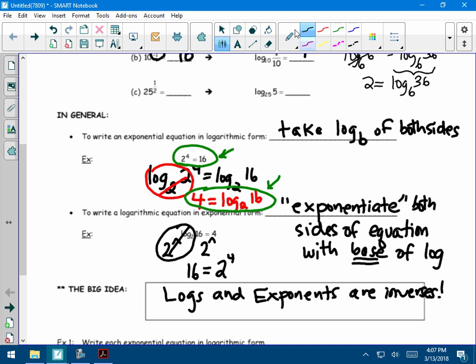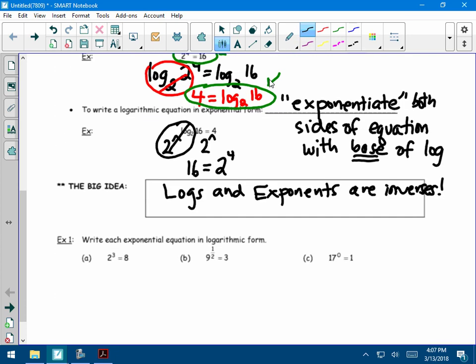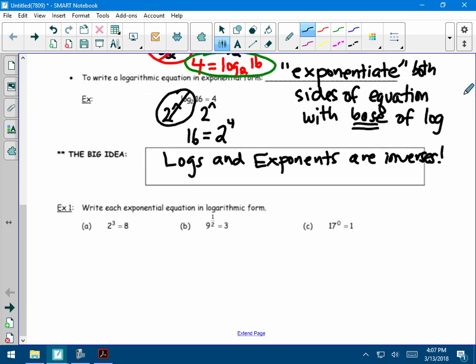All right, so jumping on down here, for each one of these, when it says write each exponential equation in logarithmic form, nothing crazy. Just remember, use the base that you've got. So if we use this middle one here, the base would be the 9. So then we would do log base 9 of 9 to the 1/2 on the left, and log base 9 of 3 on the right.